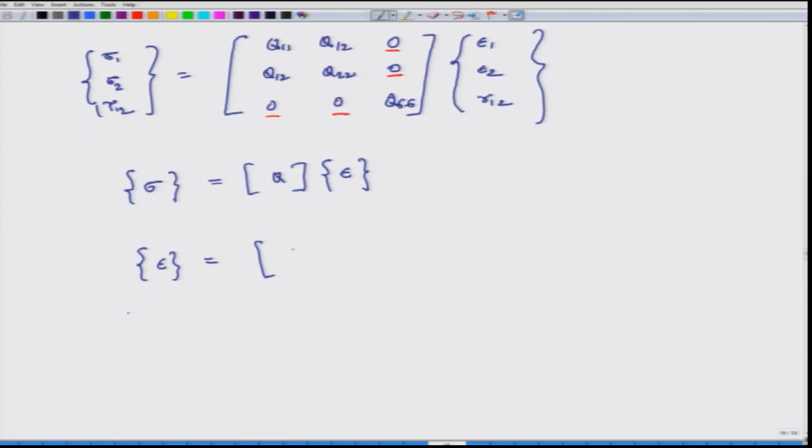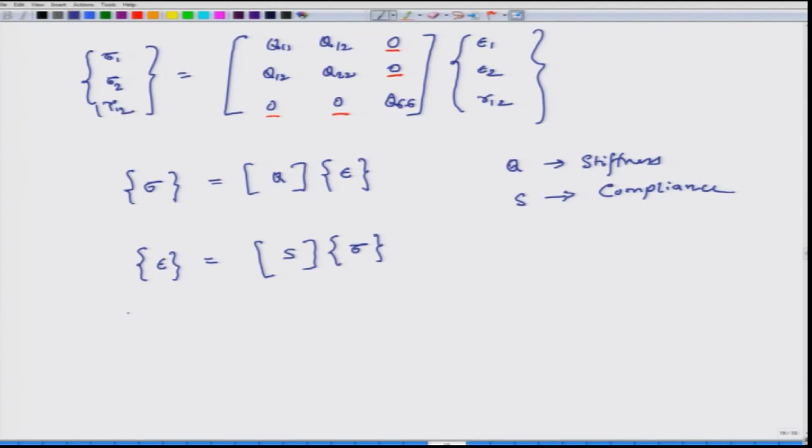So, inverse of Q matrix is called S matrix, and that represents the compliance matrix. So, Q represents stiffness and S represents compliance. So, the strain vector equals the compliance matrix times the stress vector.